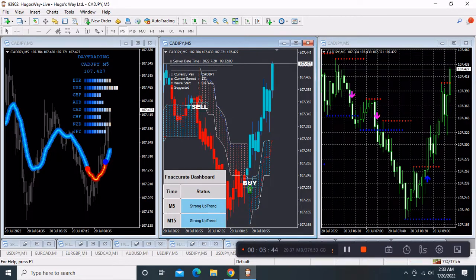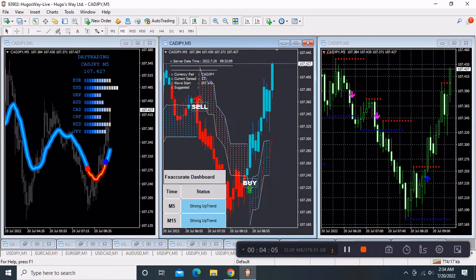Also, let me jump back over here really quick. I forgot to mention, right here are your pairs. Because I'm on CAD JPY, here's JPY at the bottom, and here's CAD. We see that the Canadian dollar is stronger right now than the Japanese yen.